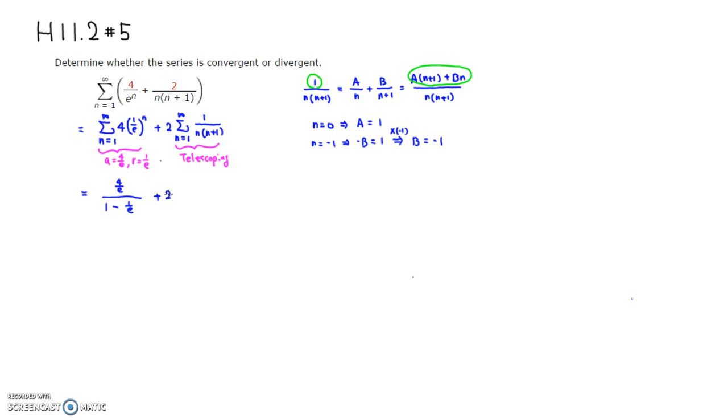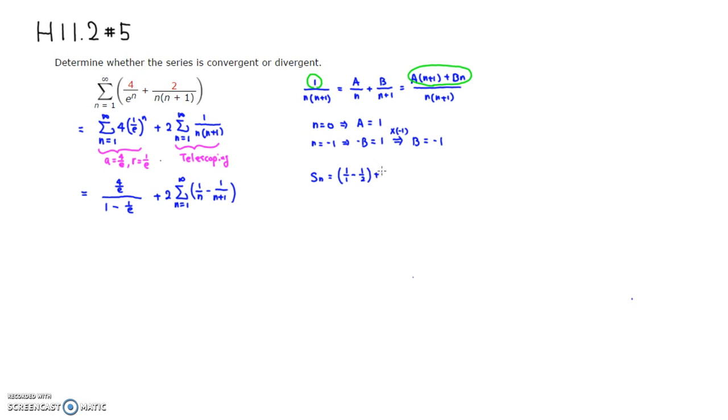2 times the summation, n goes from 1 to infinity, and a is 1, so it's 1 over n, and b is negative 1, so it's negative 1 over n plus 1. Let's find the partial sum of the telescoping series. So Sn is going to be: when n equals 1, we have 1 over 1 minus 1 over 2.